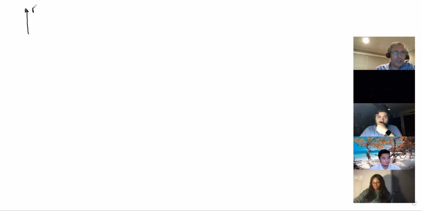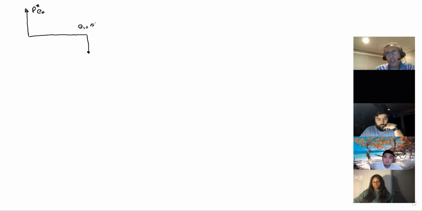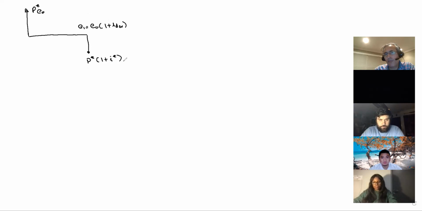So we said that if this is P in euros, I multiply this by the exchange rate E0. So now this is in dollars, correct? We have said also that E1, the exchange rate at time 1, is simply the exchange rate at time 0 times 1 plus the devaluation rate, correct? So if I have my euros and I multiply this by the interest in euros, and then multiply this by E1, I have this amount in dollars, correct?